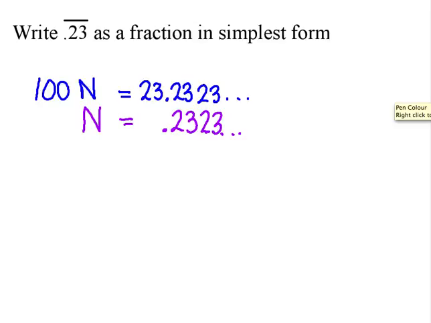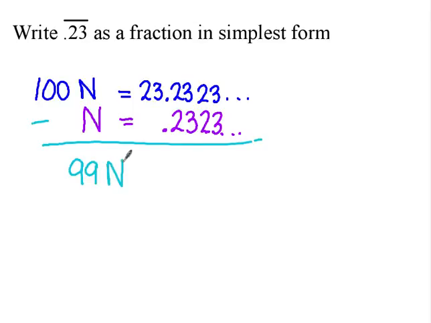What's the next step that you do? Subtract. Good. So if I subtract 100 minus 1, what do you get? 99. Nice job. Equals, what's going to happen here? Yep, those are all going to cancel off, and I'm going to be left with 23.